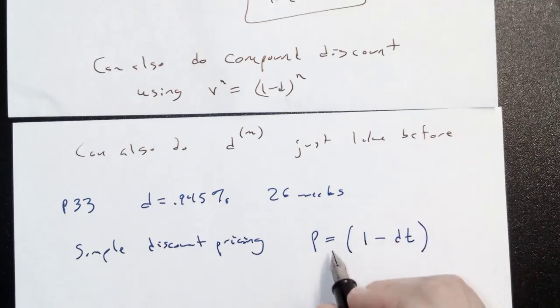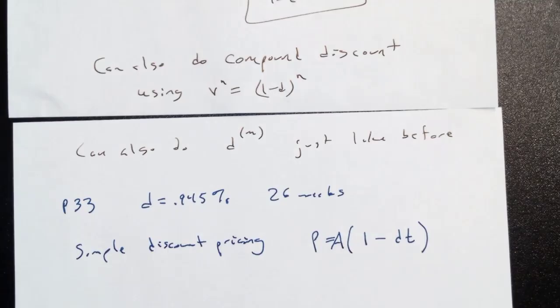Present value is accumulated value times 1 minus discount rate times time. This looks exactly like the simple interest formula, but it was 1 plus RT, right? Because interest rate is paid forward, discount rate is taken back. That's why present value and accumulated value are on the other side from each other compared to the interest behavior.